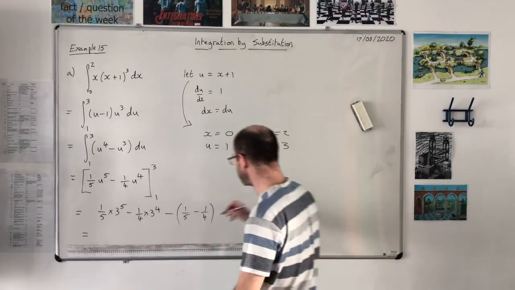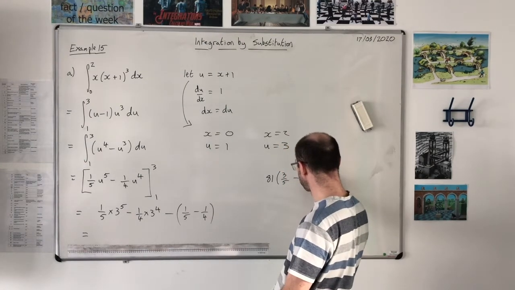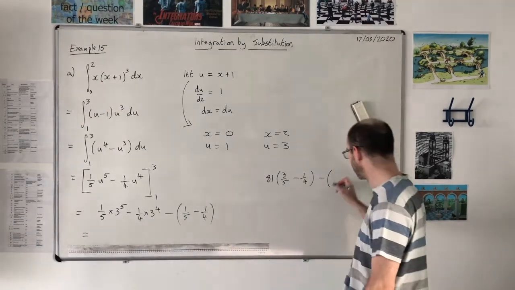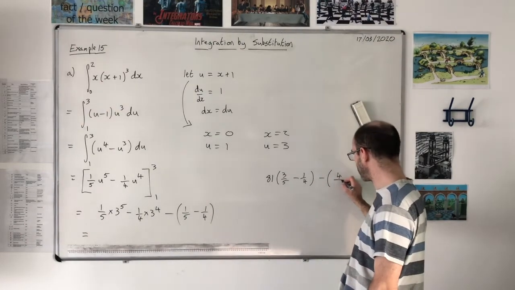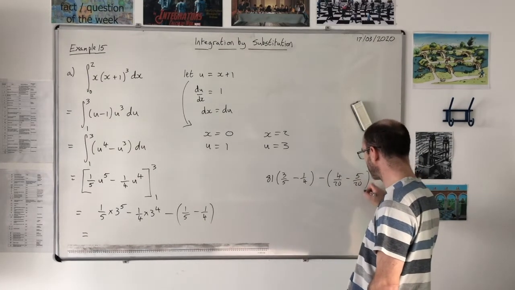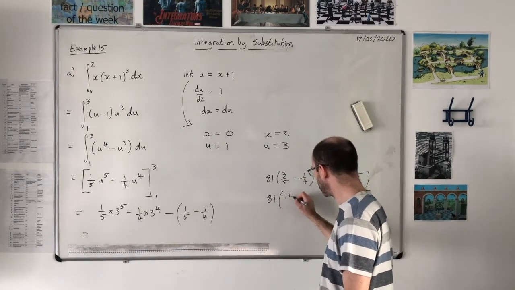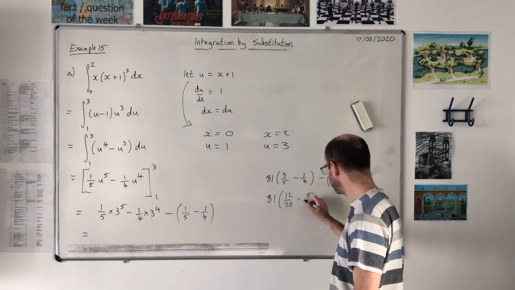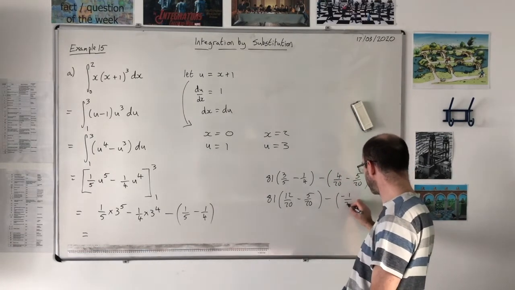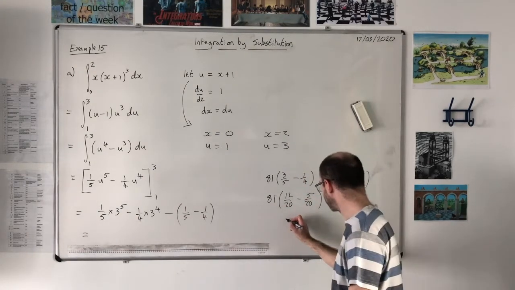And so that's going to be 3/5 in the brackets, subtract 1/4, let's get these in terms of 20ths, shall we? 4 over 20, subtract 5 over 20. Let's change these as well. So 81, that's going to be 12 over 20, subtract 5 over 20, and that's going to be negative 1 over 20, isn't it? And that's going to be 7 over 20.